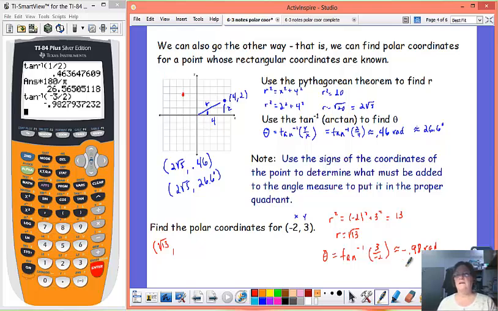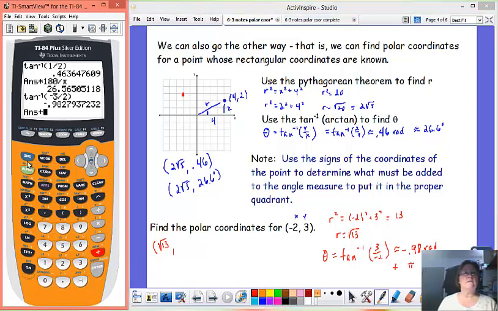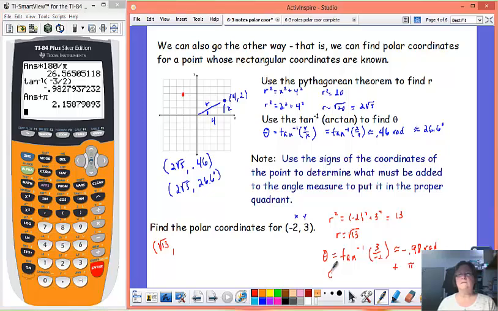So we have to add pi radians to this to get ourselves into the proper quadrant, where our angle is not in 4, it's in 2. So we're going to add pi radians to that, plus pi, and our angle, our theta, is about 2.16 radians. So there are our polar coordinates. Very good, folks.